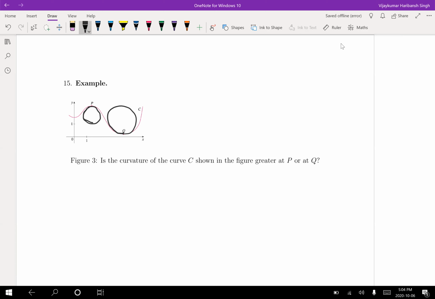So the radius of the osculating circle at P is smaller than the radius of the osculating circle at Q. Let's call this R of P.